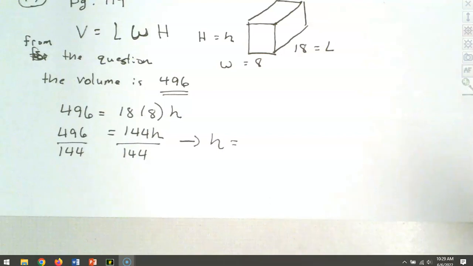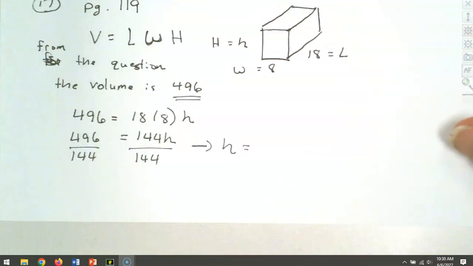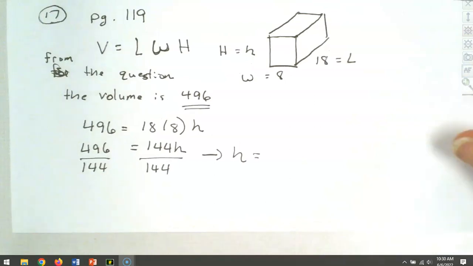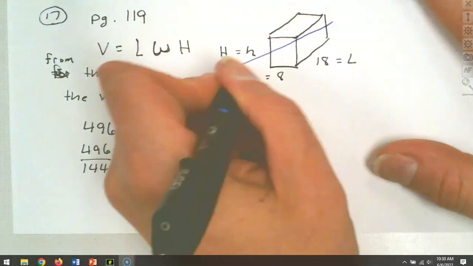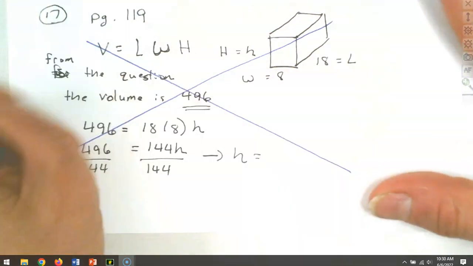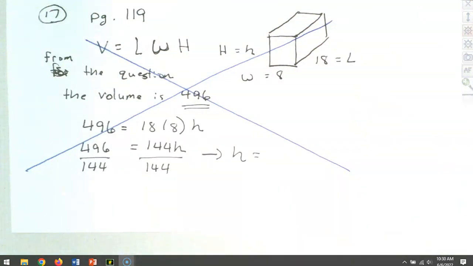I always like to go back, reread things, make sure I didn't make that mistake. I realized I made the mistake at the very end, but that's okay, because this came out to be a decimal. So let's go back and try it again. We learned from our mistake. We picked the wrong formula. We did everything correctly. We just picked the wrong formula. Mistakes happen. If you make a mistake, just go back and start over again.